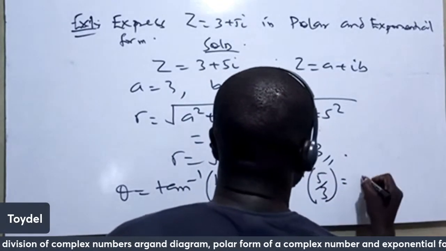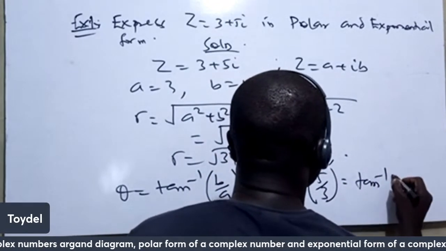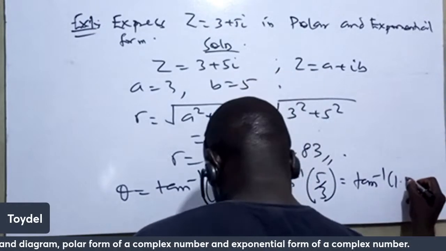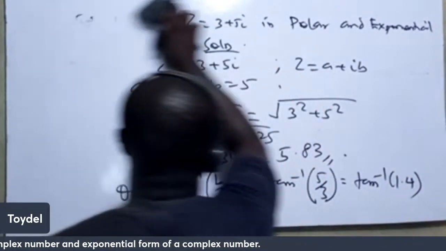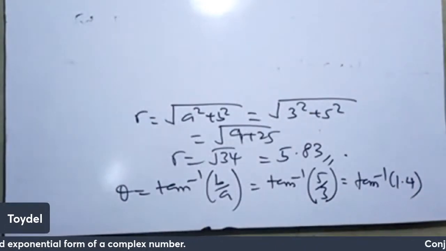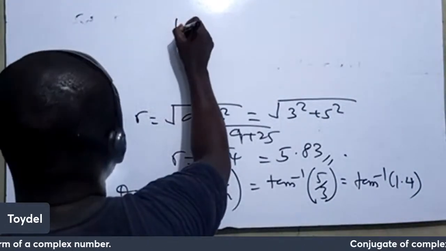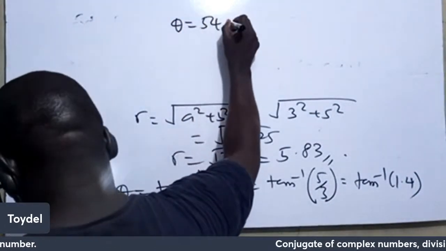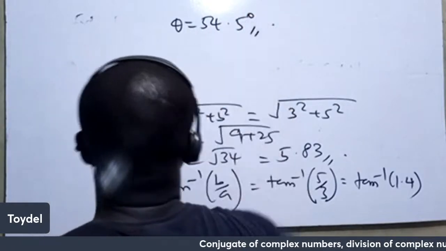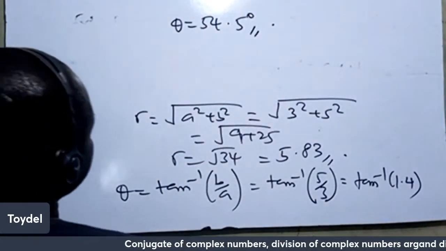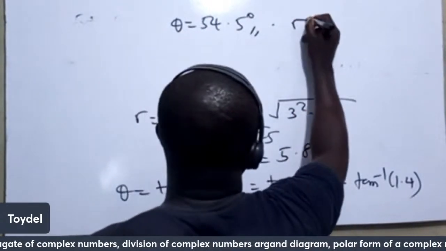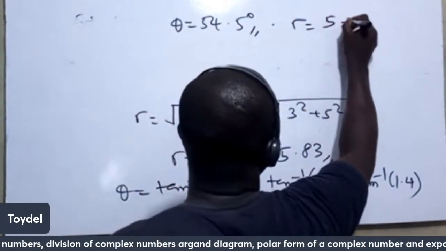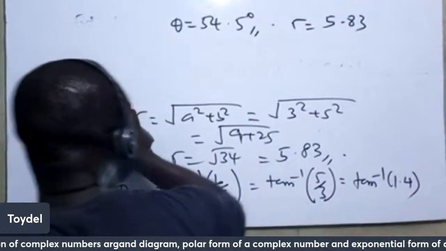Then this will give us arctan 1.7, so if you find the arctan of 1.7 in degrees, we are going to get it to be equal to 54.5 degrees. This is the argument. The modulus r is what? 5.83. So what will now be the polar form?